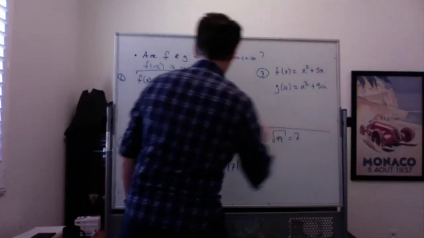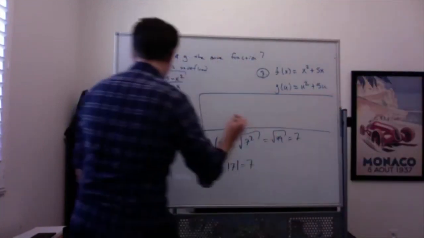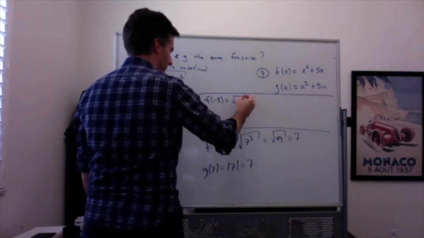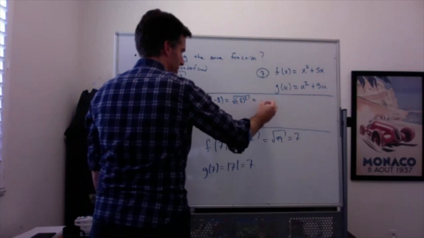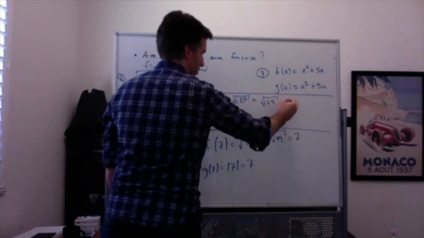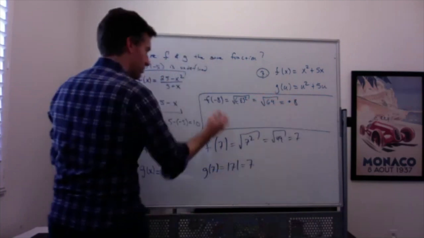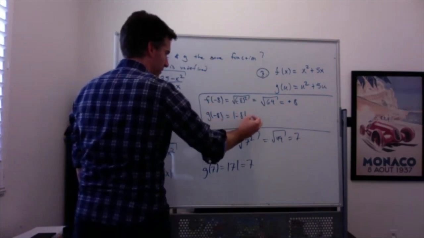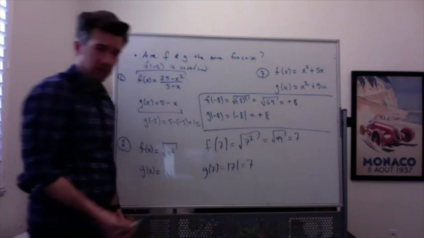I think I've got enough room. F of negative 8 is the square root of negative 8 squared, which is the square root of 64, which is positive 8. G of negative 8 is the absolute value of negative 8, which is positive 8.